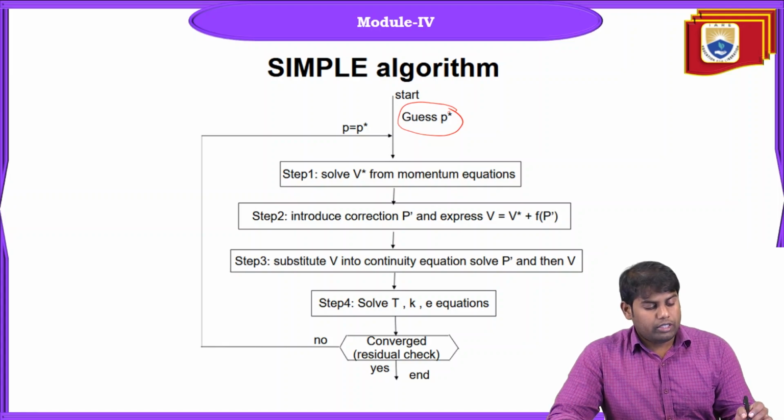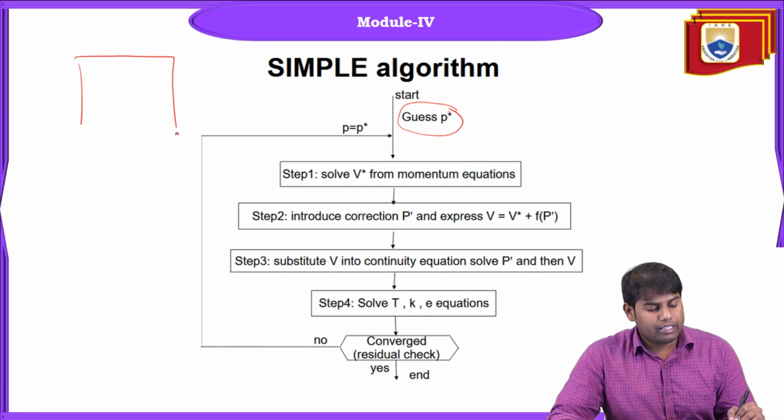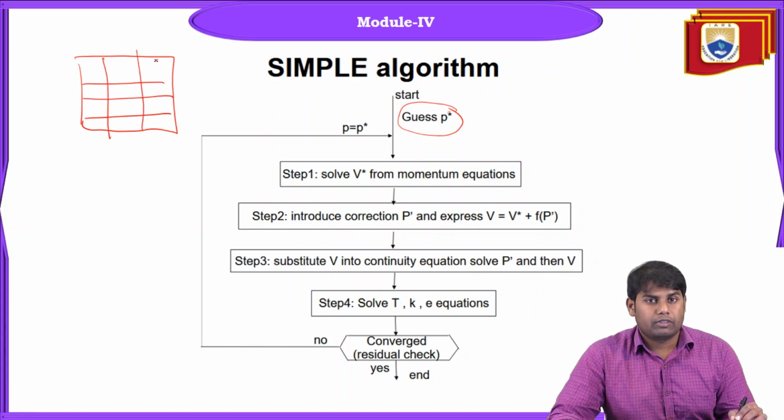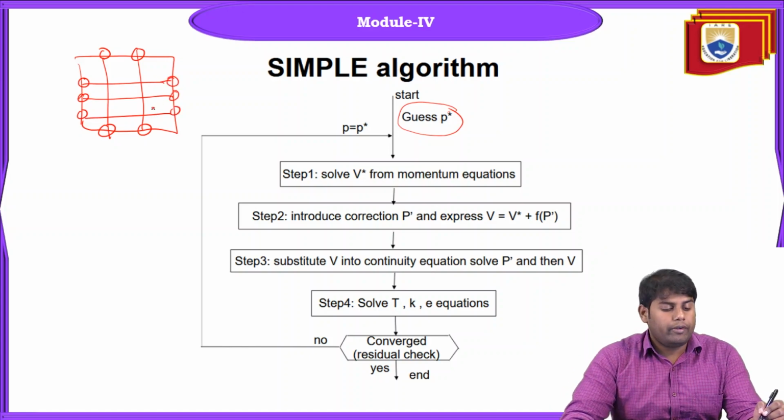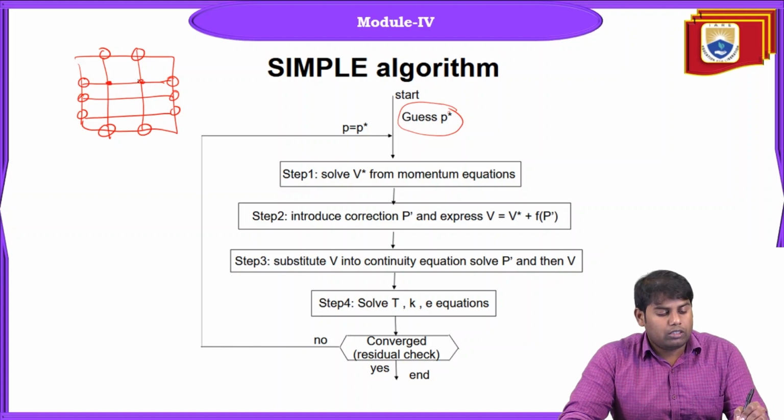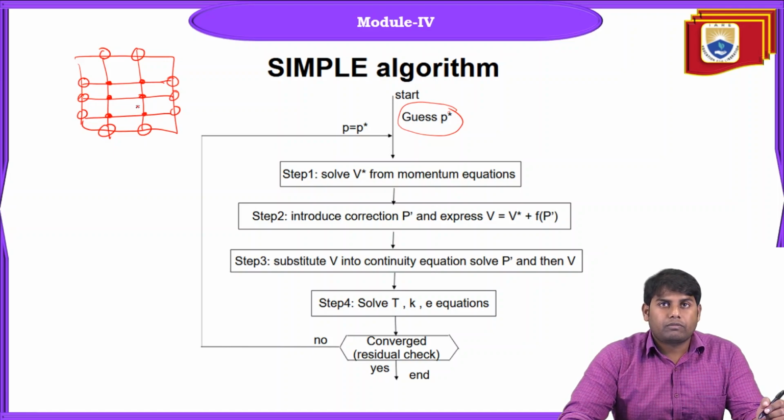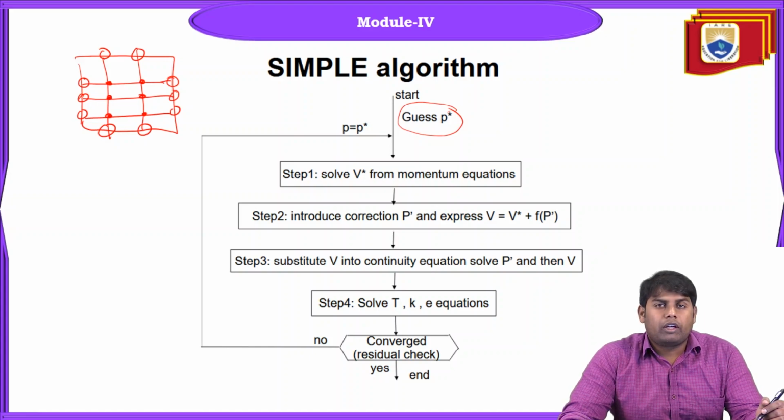To recap, the initial conditions or internal field conditions are as follows. You have the grid. Whatever I have circled are called the boundary points, and whatever I have placed as dots are called the internal field points.